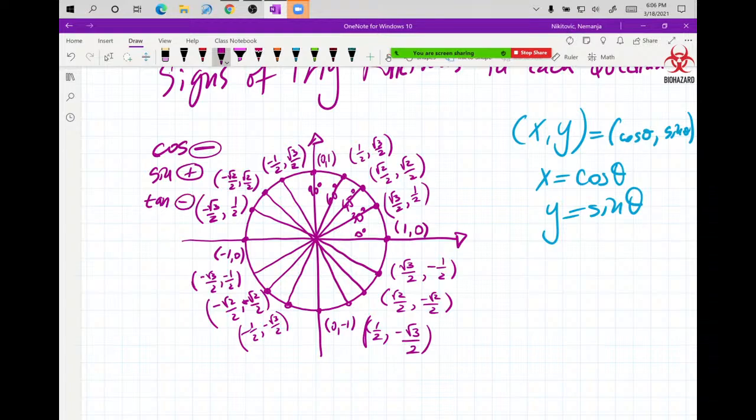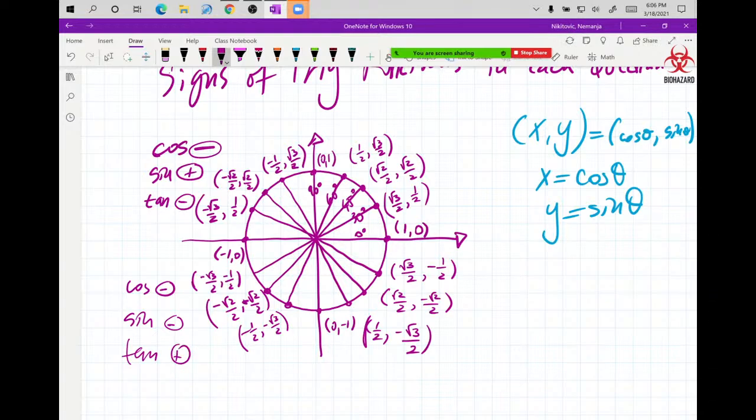Tangent is negative. And now if you go through all of these, look, all of the first numbers are negative, so cosine is negative. All of the numbers in the second spot, sine, they're also all negative. When you divide negative by negative, you get that the tangent is positive here.